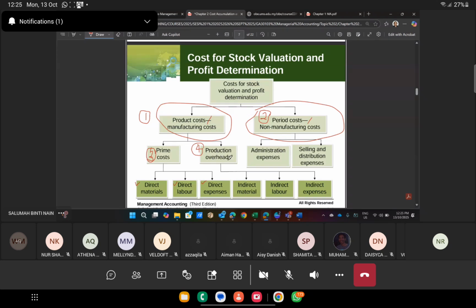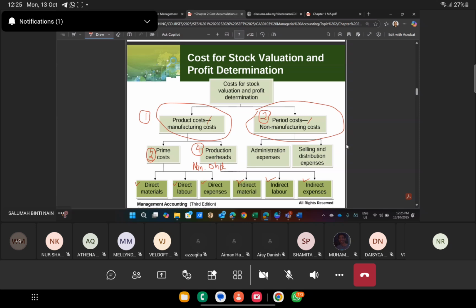So what are the types of production overhead? Indirect material, indirect labor, and indirect expenses. This is sometimes called manufacturing overhead, MO. Period costs. These are examples of period costs: administrative expenses and selling and distribution expenses.